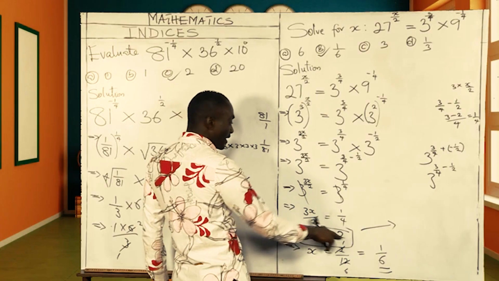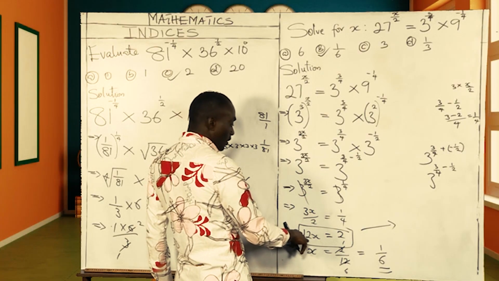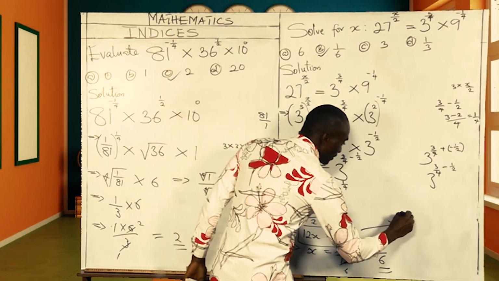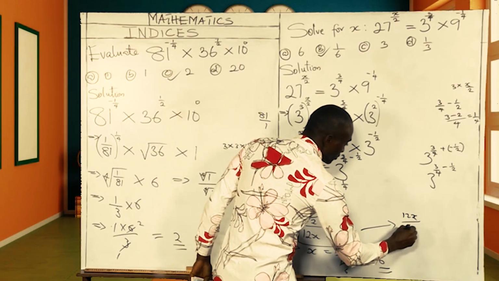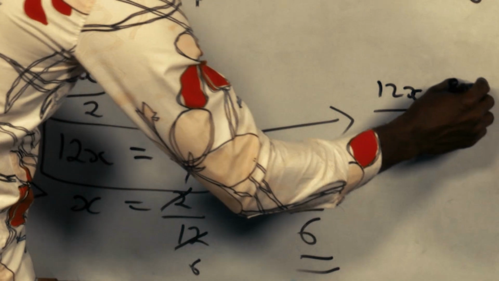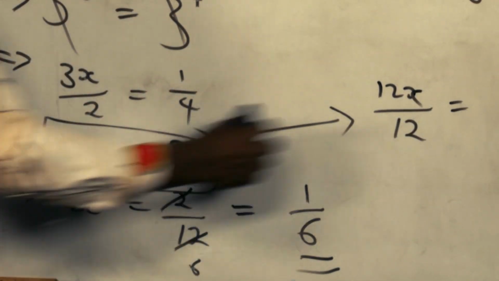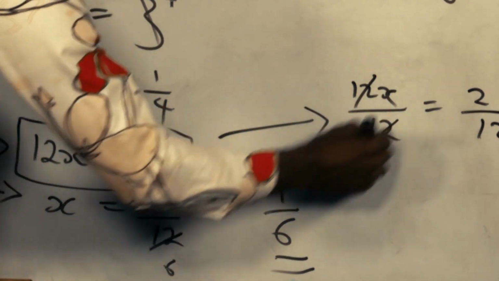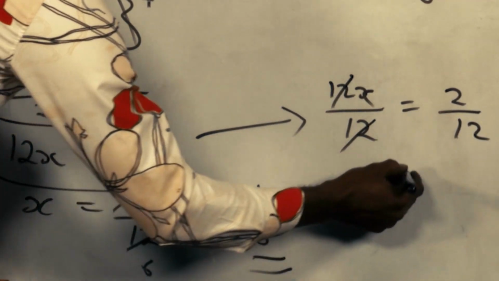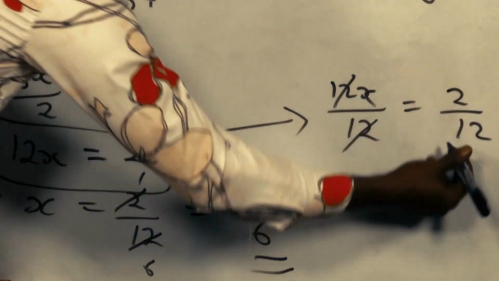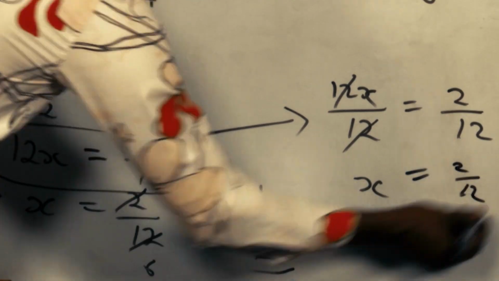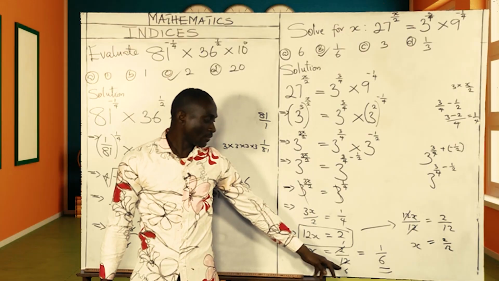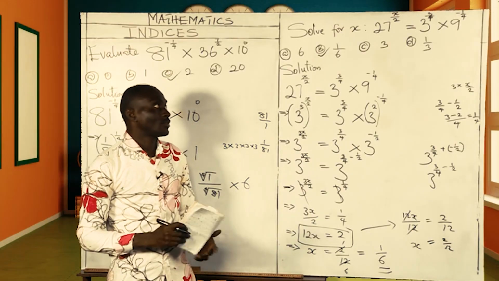Dividing both sides by 12 to eliminate 12 here, 12x over 12 equals 2 over 12. So this 12 will cancel this, and we will be left with x. And I have 2 over 12 here. So that is how I have x equals 2 over 12. All right, that is that.